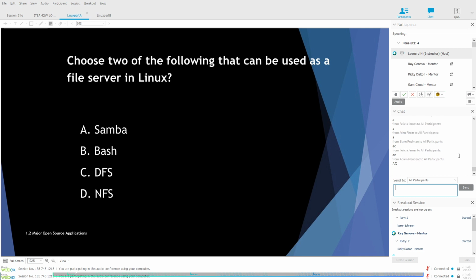And they'll write out questions on the exam like this sometimes also, where it just says choose two of the following. And if you just answer quickly, like I used to be in a bad habit of doing, you'll get the answer wrong because you didn't answer the question. So it is Samba and the network file system.